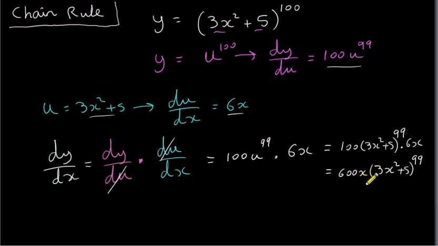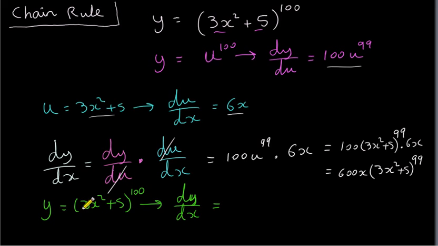By the way, you won't have to go writing out dy/du and du/dx from now on. All you've got to do is follow this pattern. Our function is y equals (3x squared plus 5) to the power of 100, and we want to get dy/dx. Without explicitly writing down what u is, all you've got to do is remember the following.